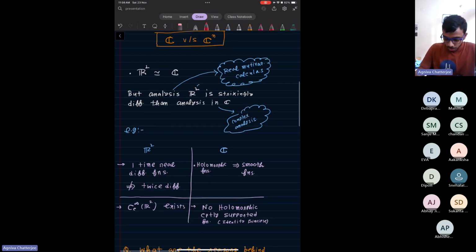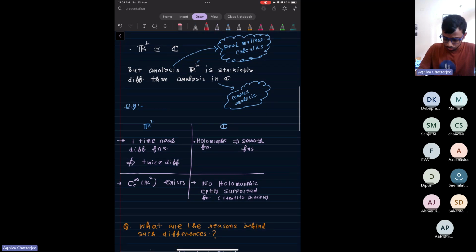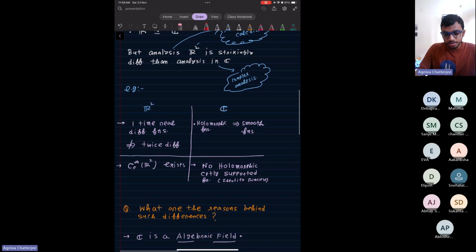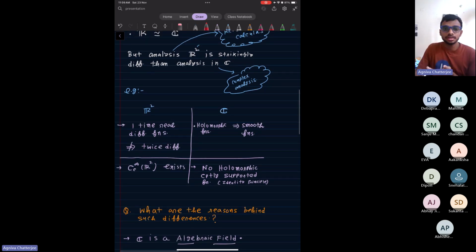So my question to all of you is, what are the main reasons behind such differences? What is the main reason that analysis in R2 and analysis in C is so different? And I think you probably know the answer, that C is an algebraic field.